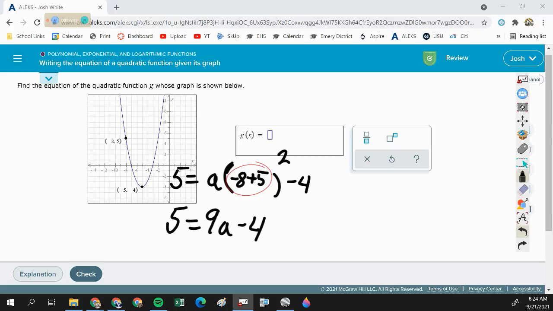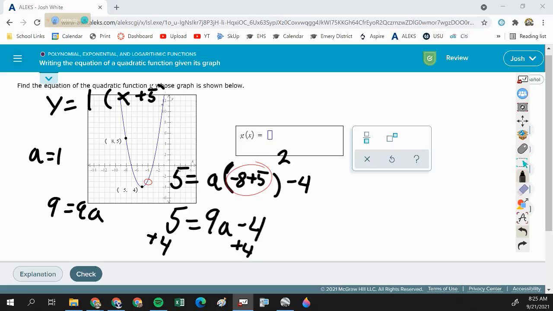Oh, and look at that. 9 equals 9a divided by 9. And even though it doesn't really look like it, a is in fact 1. So the equation is 1 times x plus 5 squared minus 4. And I don't even need to write that 1. Okay, can you guys handle that?